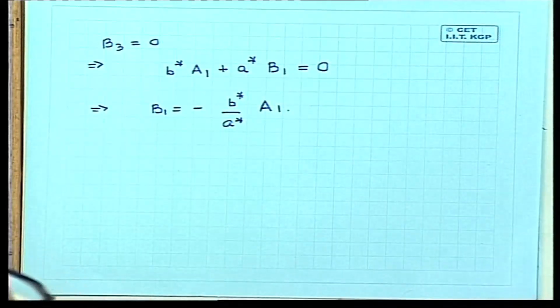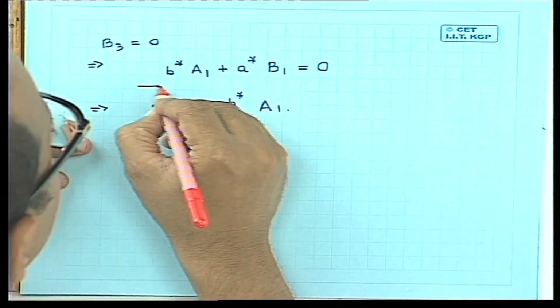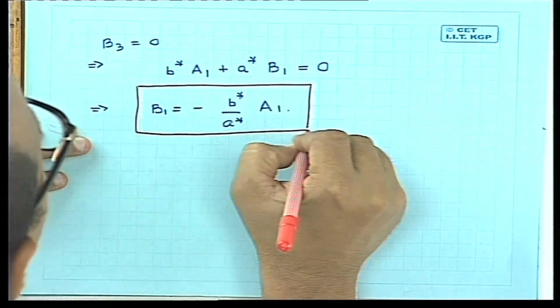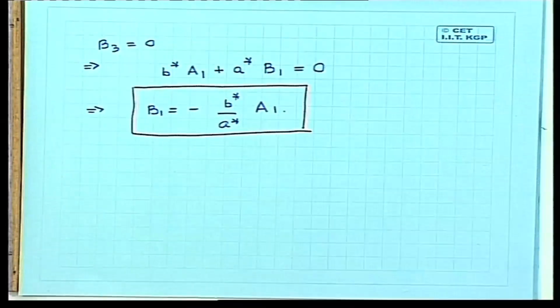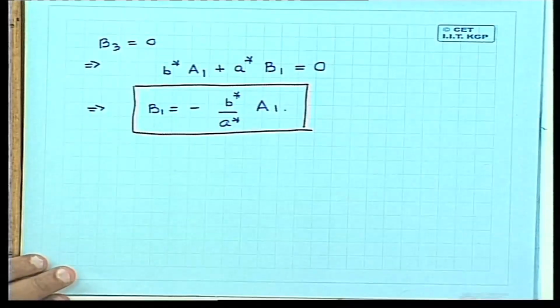So we have obtained B1 in terms of A1, and this is what we need to calculate the reflection coefficient, because the reflection coefficient is nothing but mod B1 squared by mod A1 squared.